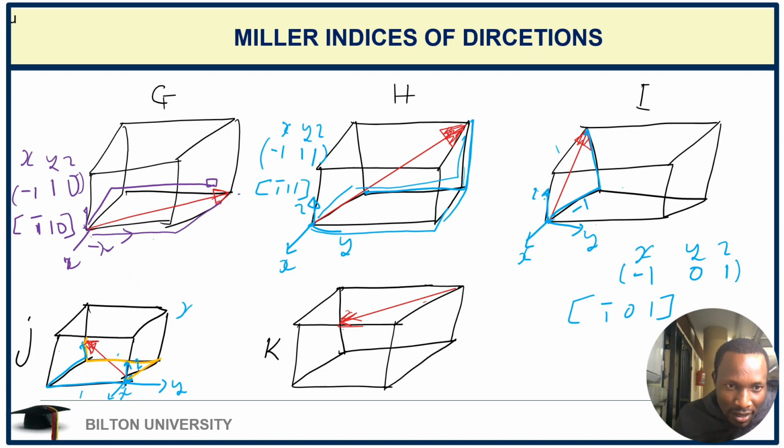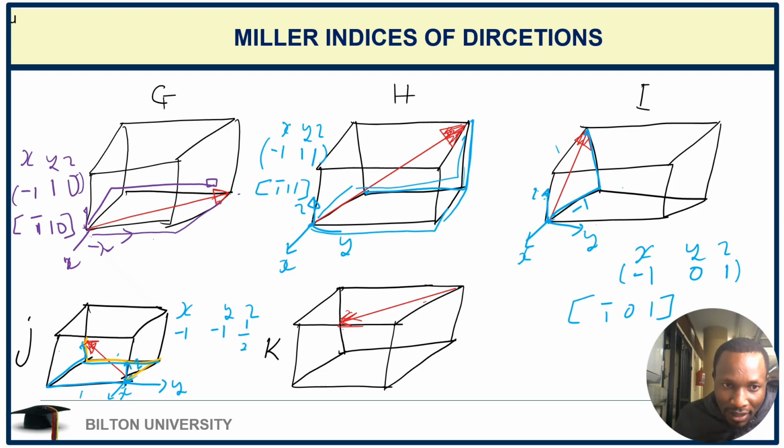So let's say this is our x, y, and z. I have moved 1 full length in the minus y because this is my origin and I'm going to the back. So this is minus 1, and I've moved 1 full length in the minus y. That is 1, because from this direction to here is full length 1. And in the z, I have moved a half, but it's in the positive, so I'm going to put a half.